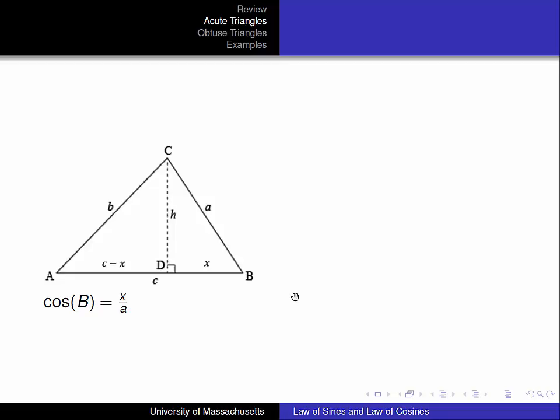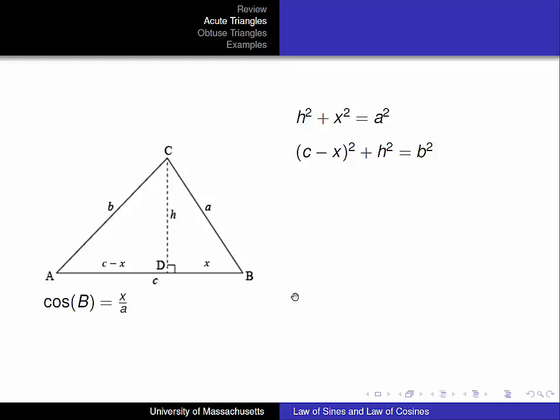What else do we know? Earlier I mentioned the Pythagorean theorem. Looking at triangle BDC, h squared plus x squared equals a squared. Looking at the left-hand triangle ADC, h squared plus c minus x quantity squared equals b squared. In the first equation, if we subtract x squared from both sides, we get that h squared equals a squared minus x squared.